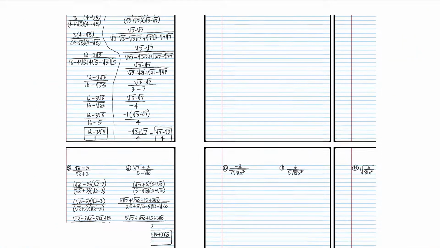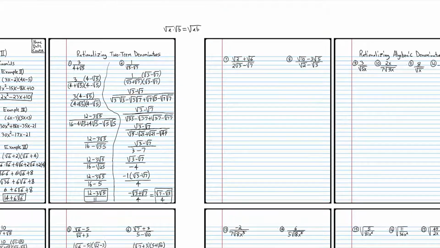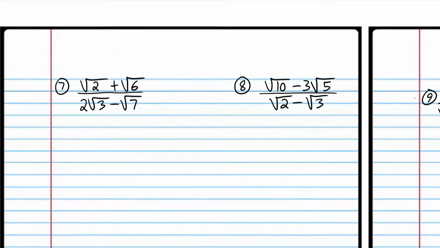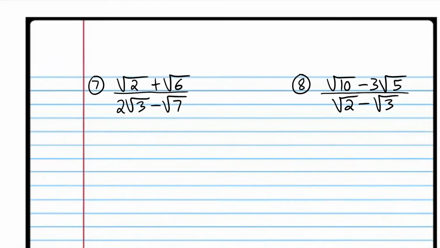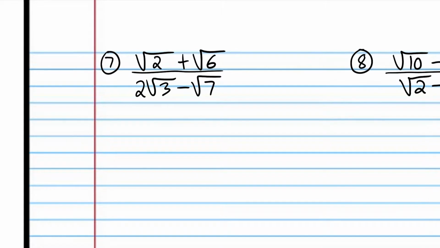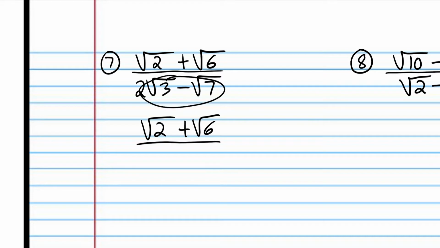Okay, we're going to do 2 more of these problems. These problems, there are roots in every term. So now we're going to really get crazy with the roots. But we're going to use the same technique. We're trying to get rid of 2 roots in the denominator.